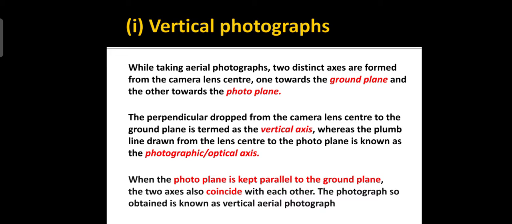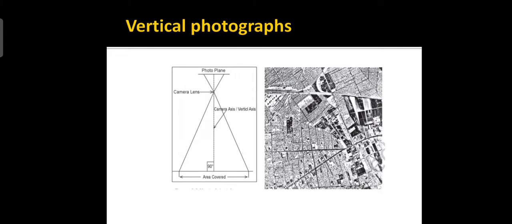Now, what are vertical photographs? Vertical photographs are those in which the vertical axis and the camera axis, or photographic axis, coincide. In this figure, we can see a photo plane and a camera lens. The axis drawn from the center of the camera lens to the photo plane is called the camera axis, and the axis drawn from the center of the lens to the ground level is called the vertical axis. In this picture, the camera axis and the vertical axis coincide and appear as the same axis.